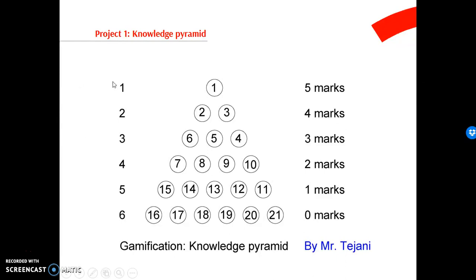So, let us understand what the knowledge pyramid is. Students will be placed randomly on the pyramid. Benches will be arranged like that, and definitely nature has randomization, so they will sit like that. Now, the game will start with student number 1. Number 1 will ask a question to the rest of the students. Whoever knows the answer has to raise their hand.